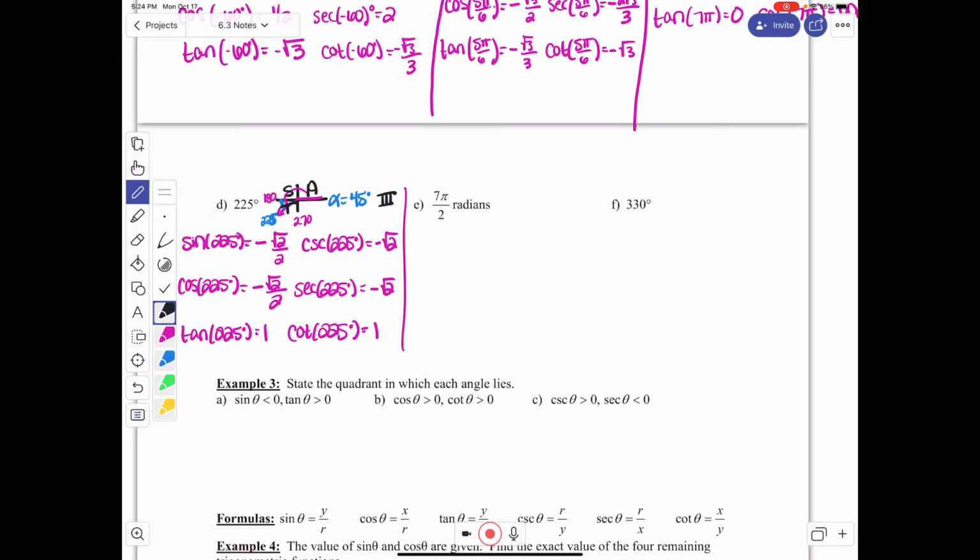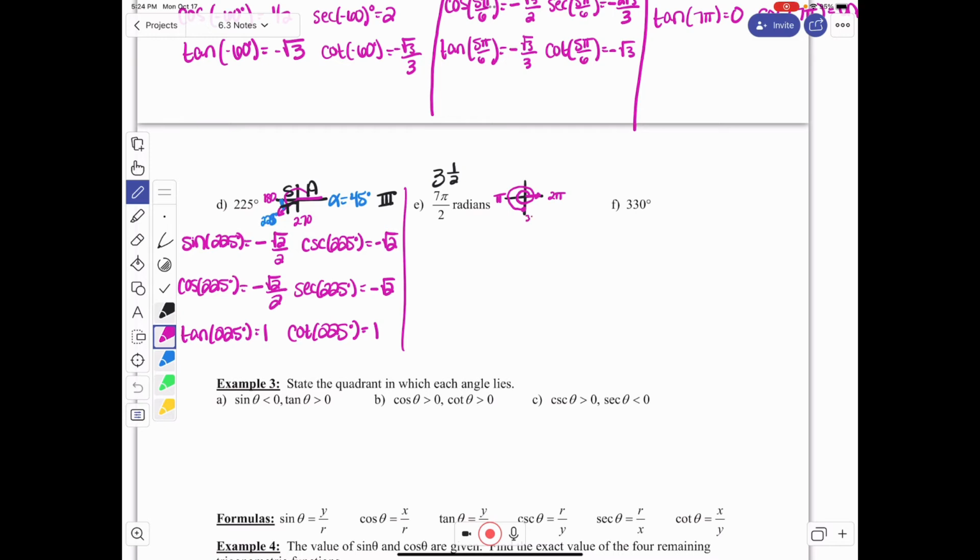All right, we're back to radians here. So 2 will go into 7 3 times. So this is like saying 3.5. If we start out here, so here's pi, 2 pi. So this would be 1, 2, 3, and it's going to land here.